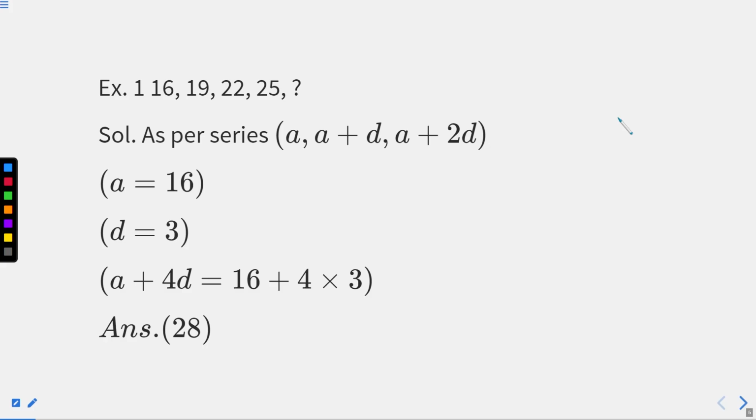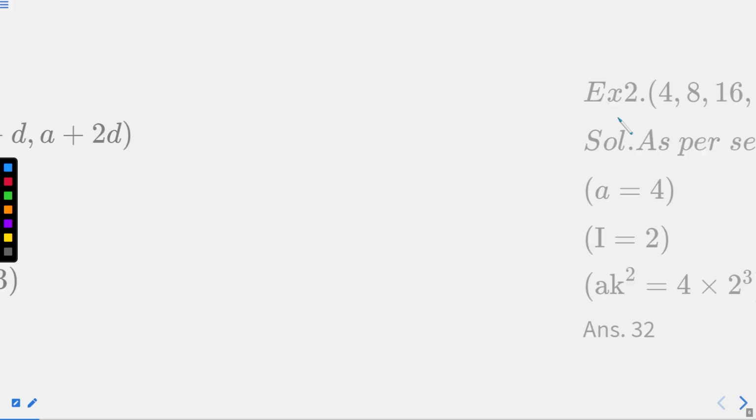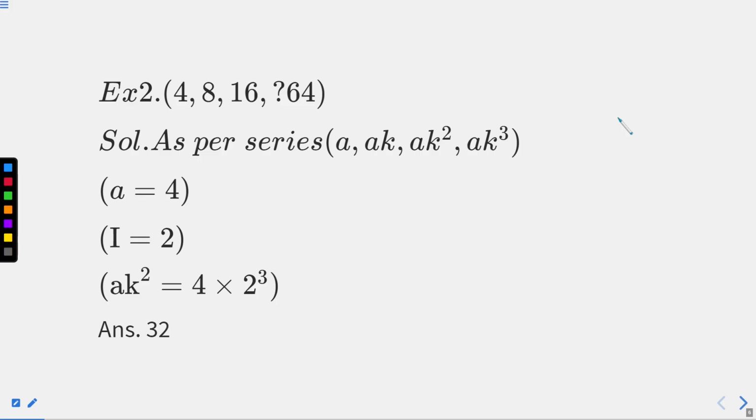This is a simple example for the series in which the same number is added to the previous value in order to get the result. I'll take another example which is a bit different. Here you can see a good example: 4 followed by 8 followed by 16, then a missing number, followed by 64. Now you are supposed to find the missing value in this question.